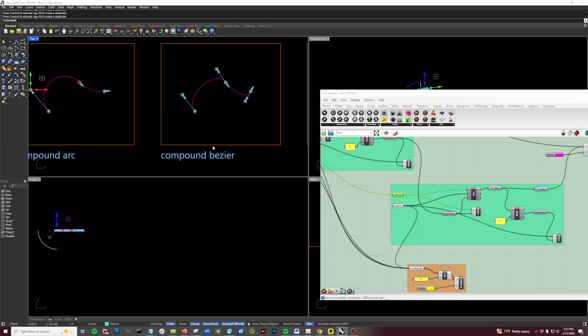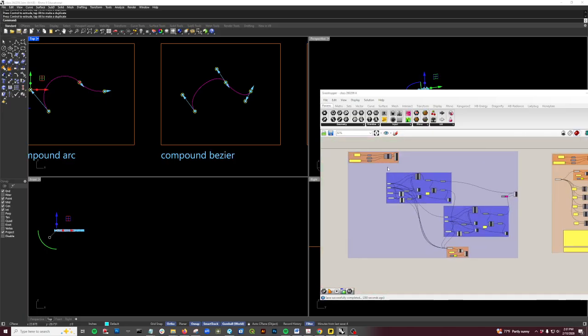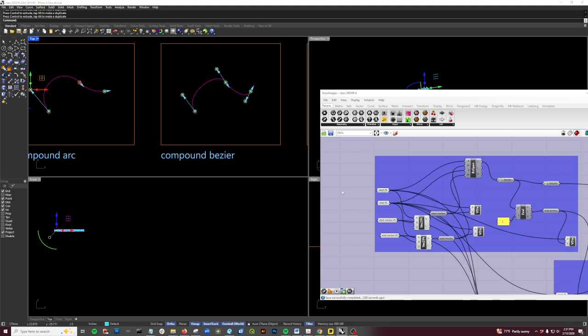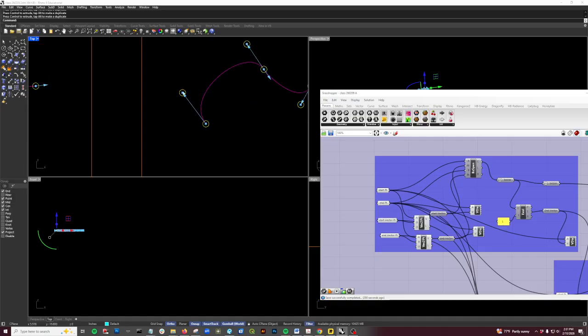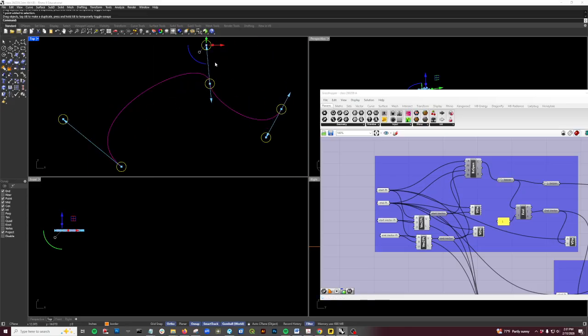Contrast this with a compound Bezier curve like you would find in Illustrator. So here we have a start point, an end point, and we also have a start vector and an end vector. So in this case, this curve is determined by 2 points and two tangent vectors.